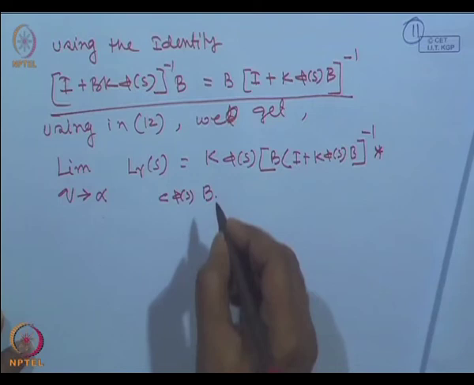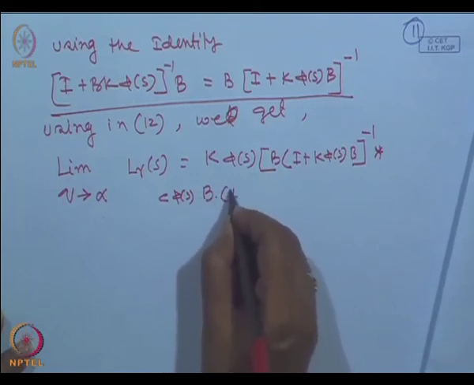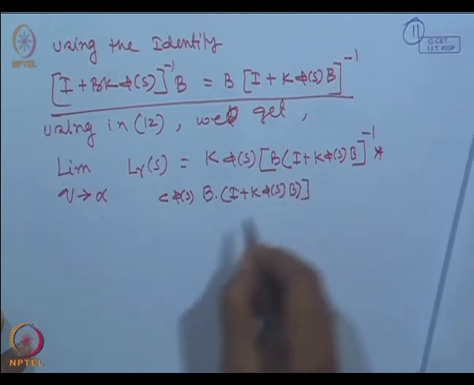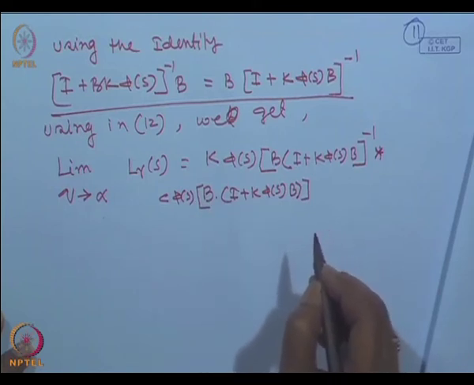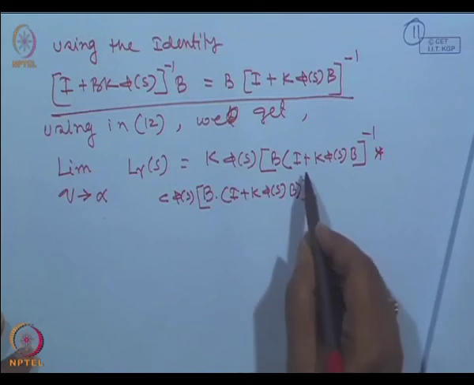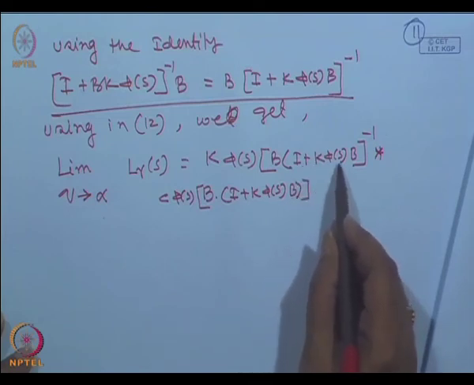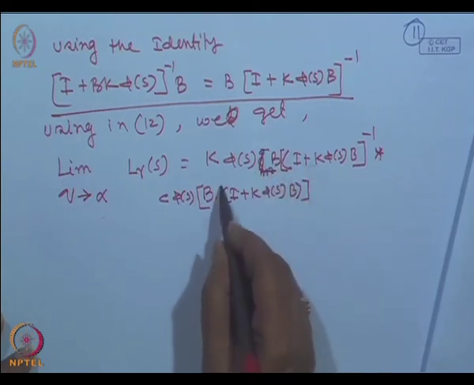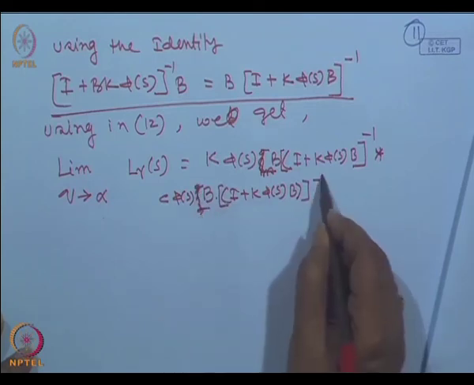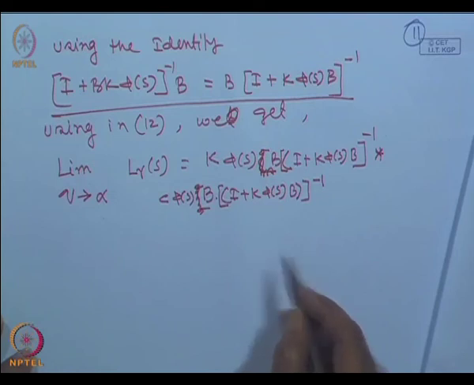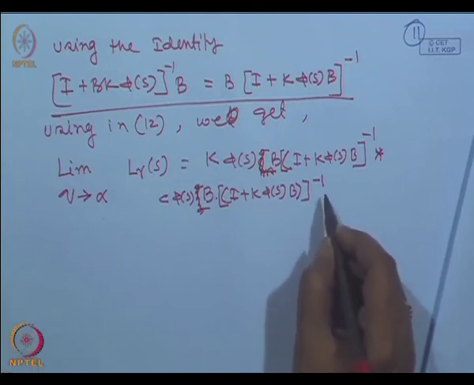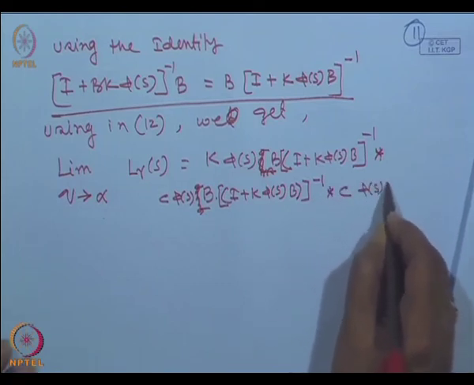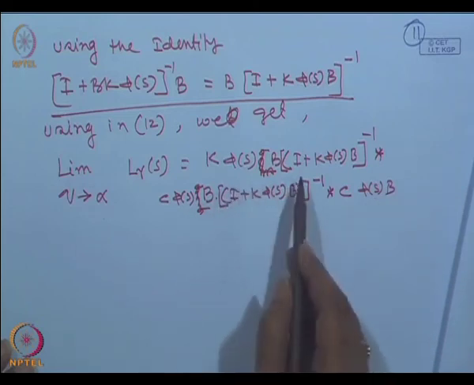So that will be B, then (I plus k phi S into B) whole inverse B, this inverse is here, then whole inverse, this inverse into C phi S B. So what is left in there?